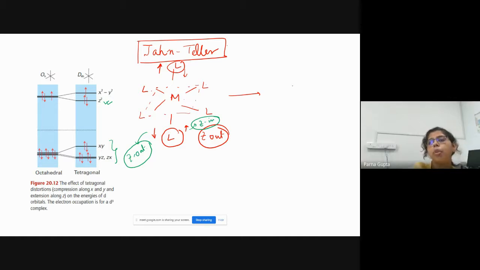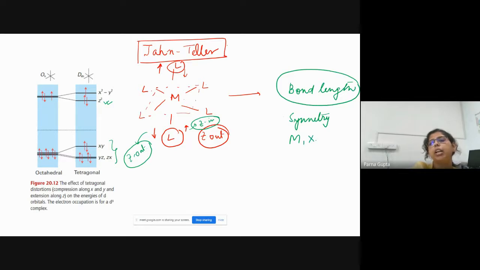Questions will come regarding the bond length, right? Let's say M with some ligand X, with symmetry MX4Y2. This has lower symmetry than this one. If the questions are like that, then you have to look at this point.